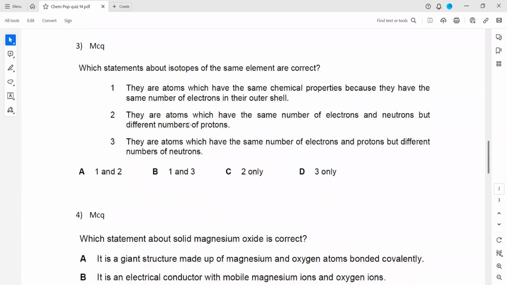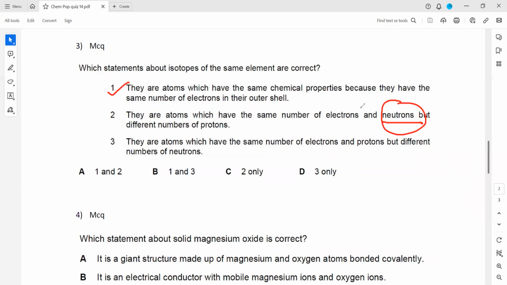Then in question 3, which statements about the isotopes of the same element are correct? They are atoms which have the same chemical properties. That is true, because they have the same number of electrons in the outer shell. So this is correct. They have the same chemical properties, and chemical properties depend on the number of electrons in the outer shell. Statement 2, there are atoms which have the same number of electrons and neutrons.